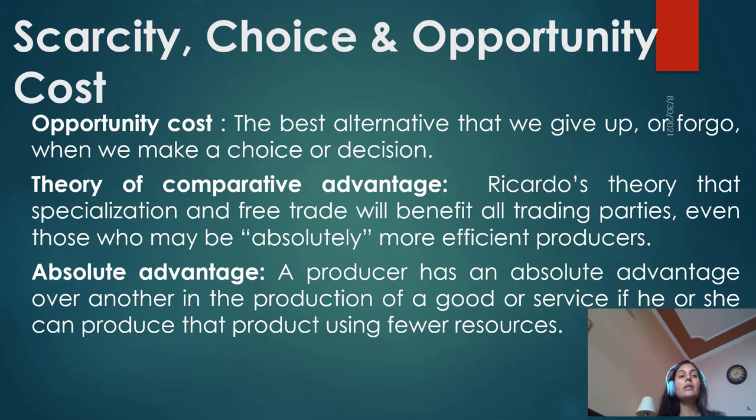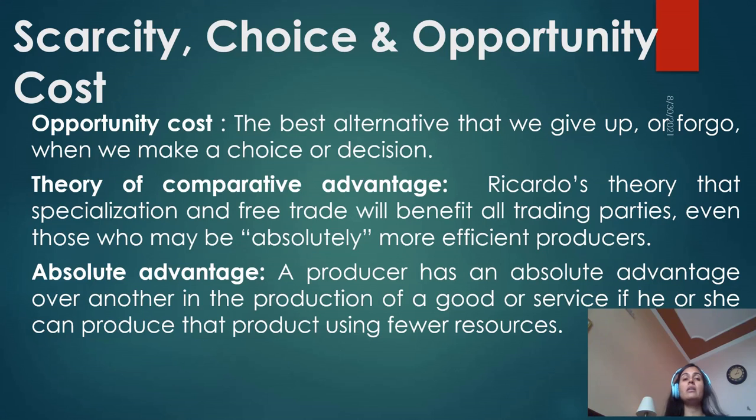Okay, now we move to another concept: scarcity, choice and opportunity cost. I covered the concepts of opportunity cost and choice in my previous video also, but I'm taking it again because it is a very important concept. Whoever has missed it earlier, please give attention and I'll try to explain it again. Opportunity cost is basically the best alternative that we give up or forgo when we make a choice.